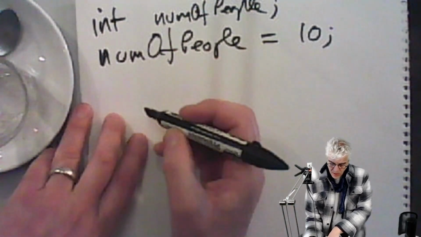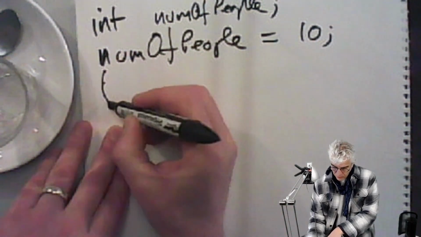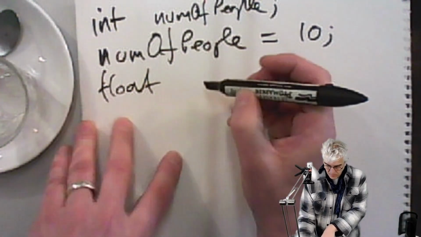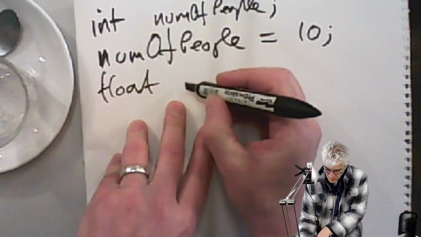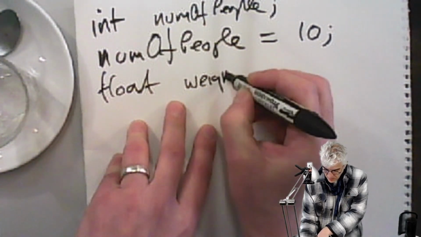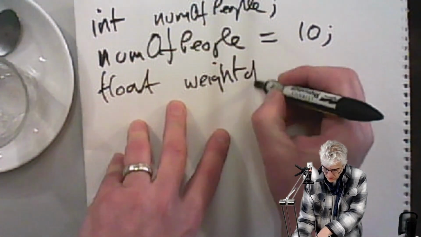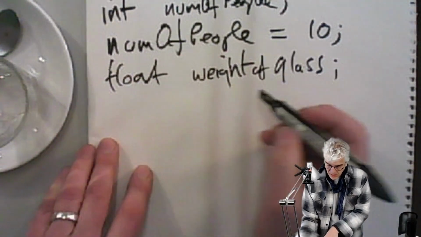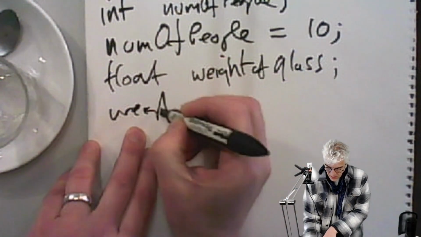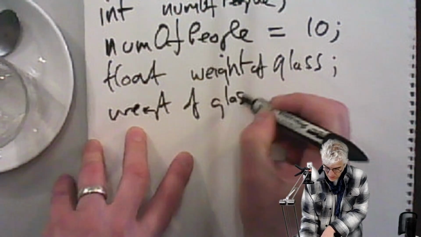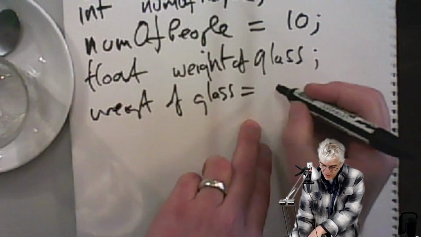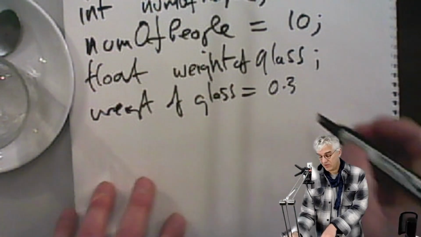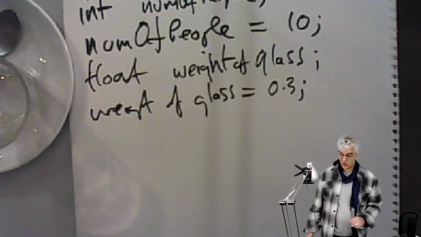So I can make a float and say the weight of the glass equals 0.3. It's implicitly kilograms in this.